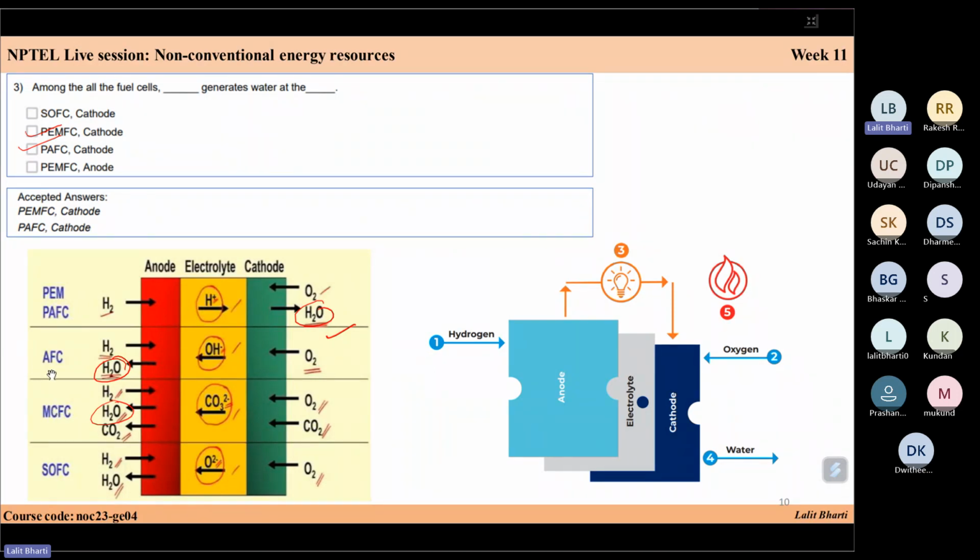AFC means alkaline fuel cells, so alkaline means you will have OH minus ions in the electrolyte, and your OH minus ions will travel from one side to the other. For solid oxide, you have O2 minus. For PEM or any acidic or proton exchange, you will get H plus as your moving ion. So options 2 and 3 are correct.